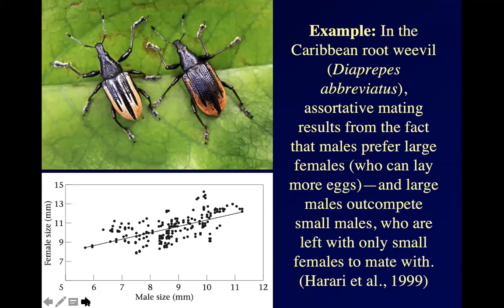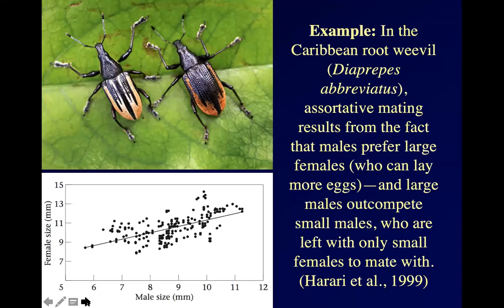So all males have that preference. Large males, however, beat up the small males and take their lunch money and stuff them into gym lockers, or whatever the equivalent is among Caribbean root weevils. And so the large males outcompete the small males, who are left with only the small females to mate with.